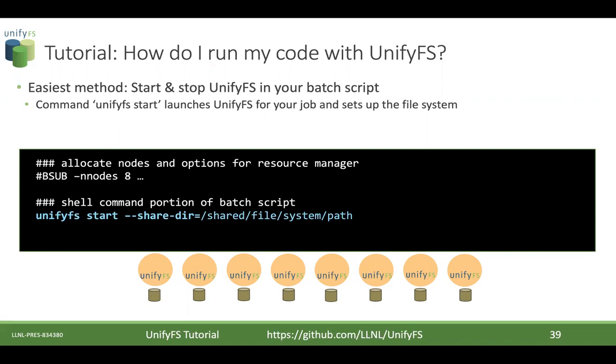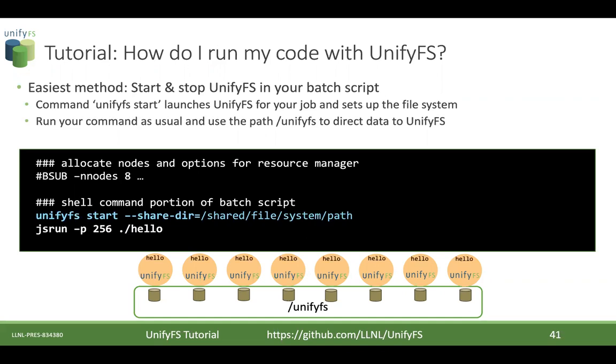And here we need a shared directory path for bootstrapping. Currently, it's usually used as a backup in case PMIx fails, but it's part of our bootstrapping, where the servers will start up on each node. And once they've communicated, as Mike showed earlier, we'll have this shared namespace across your entire job. At that point, you can simply run your application as normal, and we'll intercept and handle your I/O.